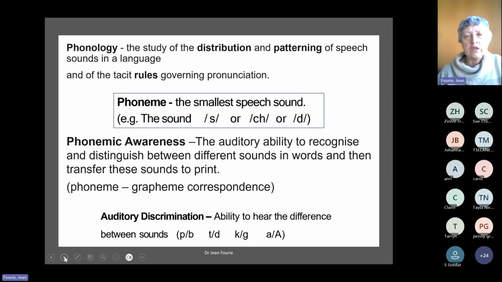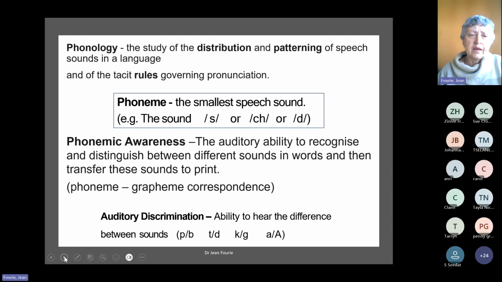And we know from research that phonemic awareness, your awareness of the sounds of the language, your ability to hear those sounds, is a crucial component of writing and of reading well.